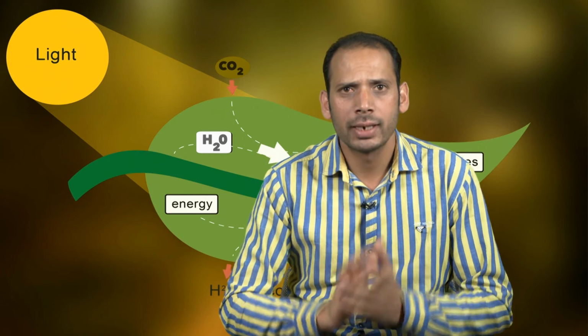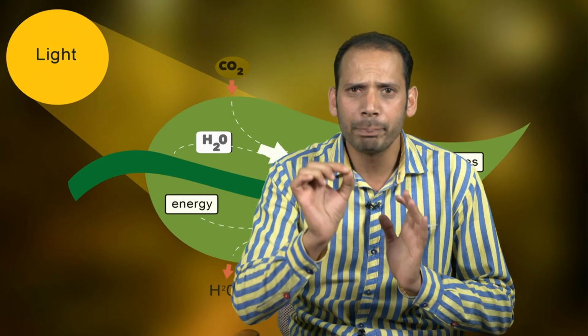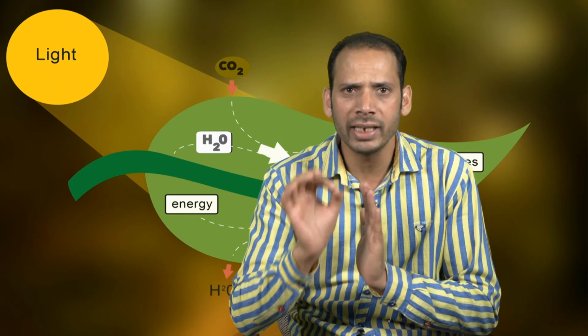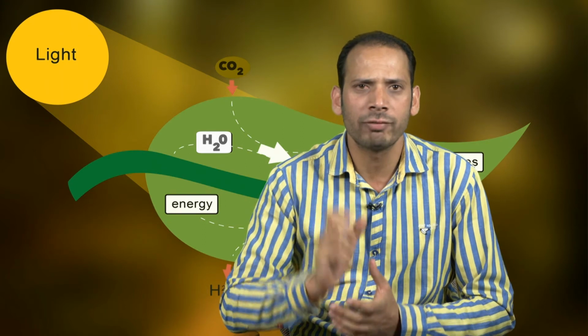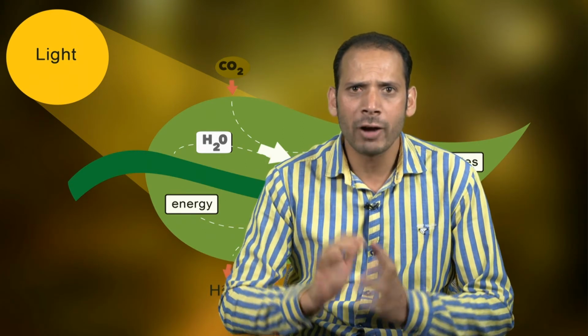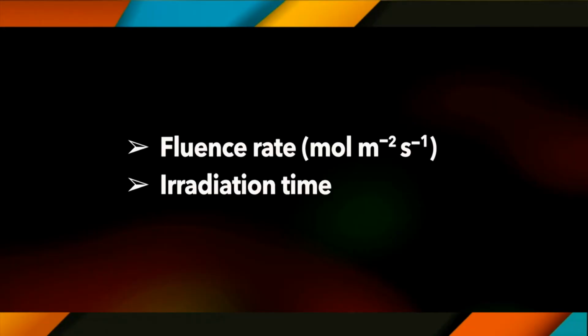Both very low fluence responses and low fluence responses can be induced by brief pulses of light, provided that the total amount of light energy adds up to the required fluence. The total fluence is a function of two factors: number one, the fluence rate, designated as moles per square meter per second, and number two, the irradiation time.